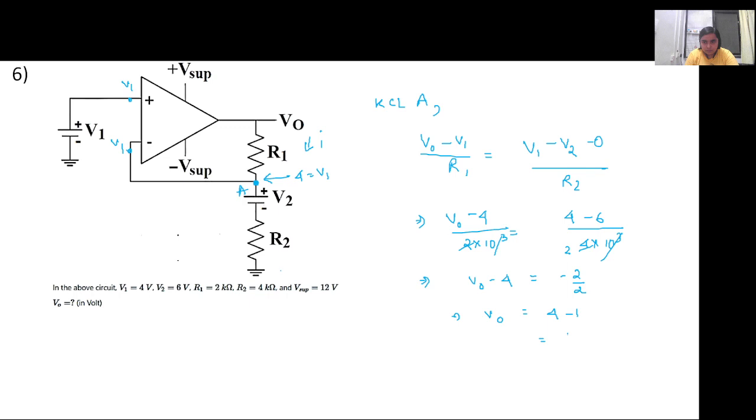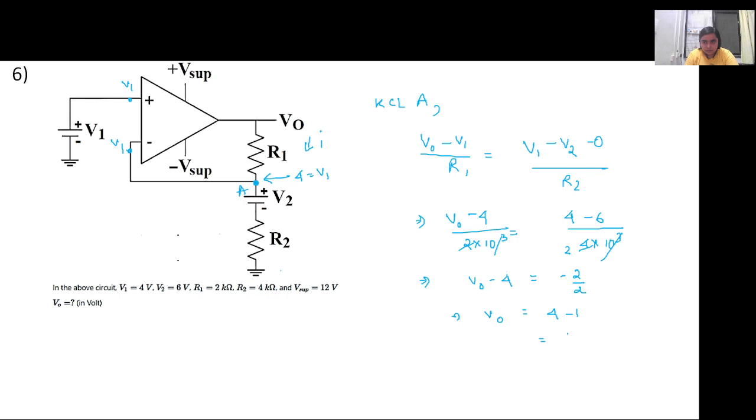Now you have to calculate V naught. Whatever current flows out of here will flow in this circuit, because there is no current in here. So we will just write one equation.